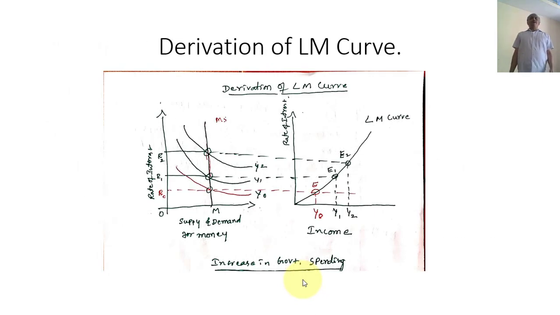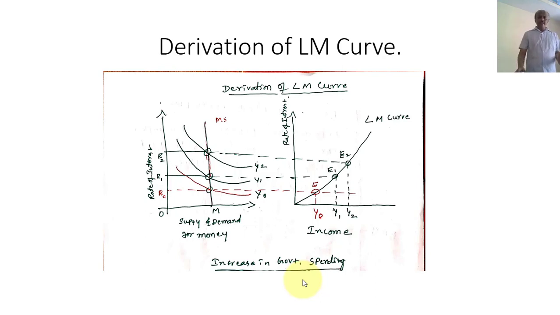Derivation of the LM curve. How is the LM curve derived? So this is something all of us know. The LM curve is the graphical representation of the money market, that is, demand for money and supply of money. With the help of this demand and supply of money, this LM curve can be drawn.